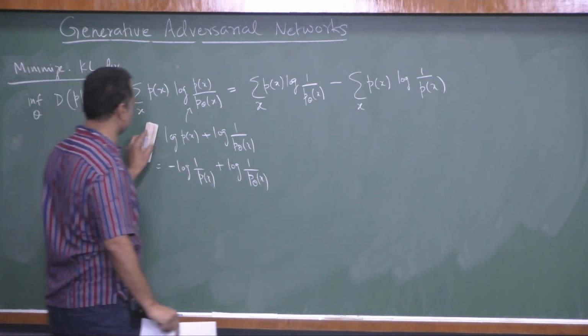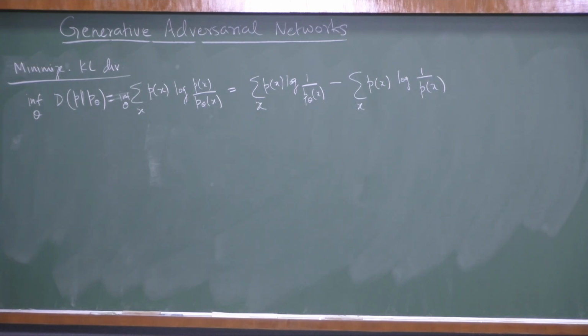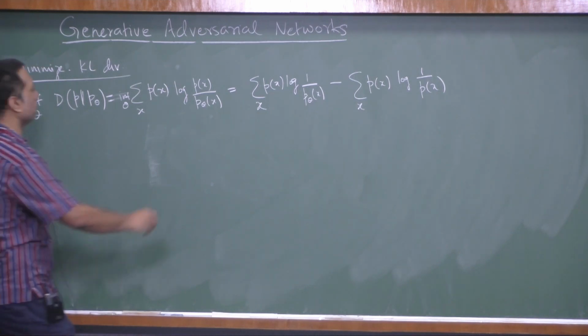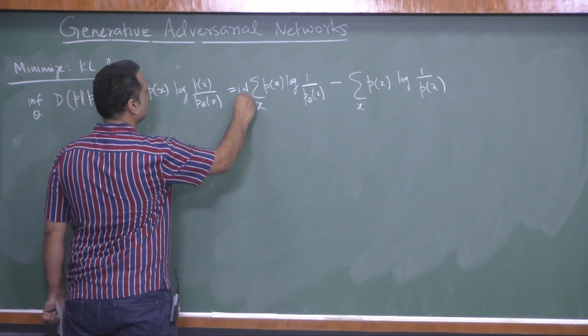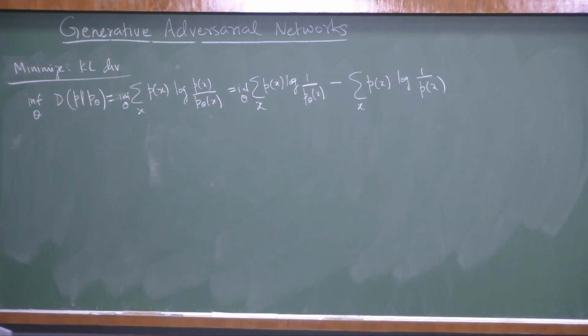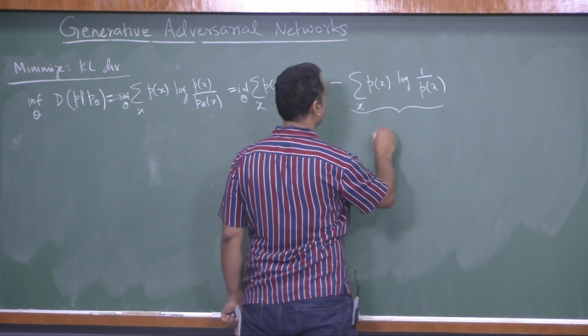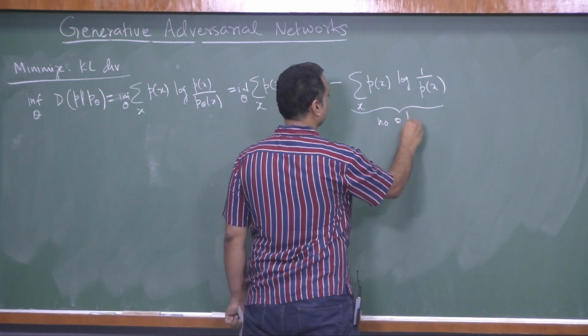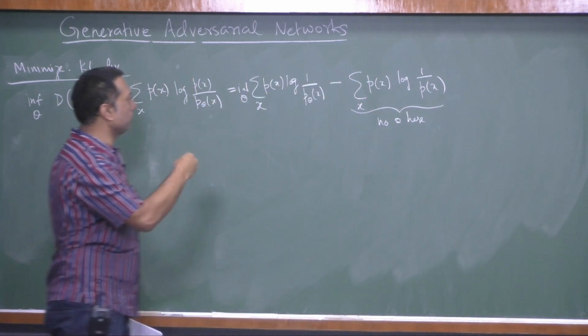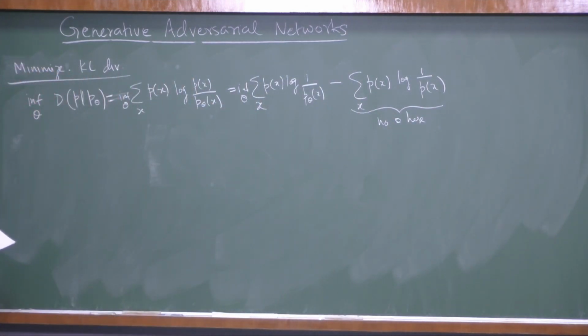After doing this, we realize that there is an infimum all the time, and that there is nothing to do with theta in the second term. So the infimum won't apply there, since there is no theta. It's okay to forget it, because there is no contribution of theta from there. It's a constant. We can add it back later after infimizing, but for the moment it has no use as far as the infimum is concerned.